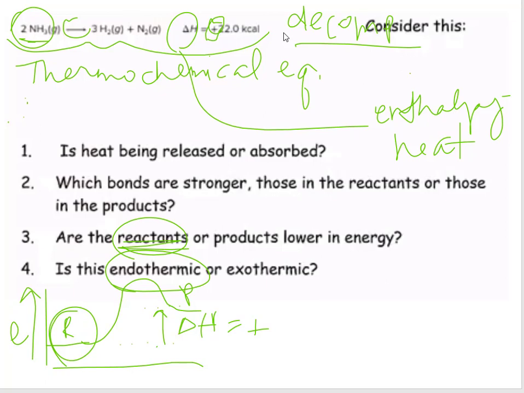And is heat being released or absorbed? Because it's a positive delta H, that's telling me that it's endothermic and heat is being absorbed. So you look at the sign of the delta H, and if it's positive, it's endothermic, which means heat is being absorbed.